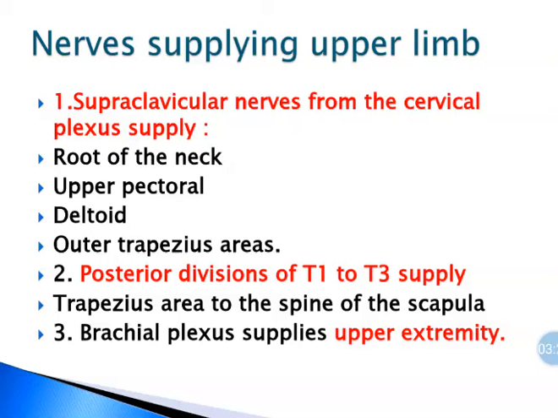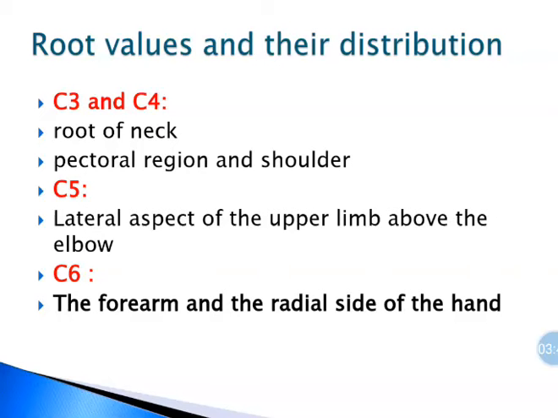So we have covered almost the similar area both anteriorly and posteriorly, and the remaining other than the limb region is supplied by brachial plexus. Again we will see the root values and the distribution.